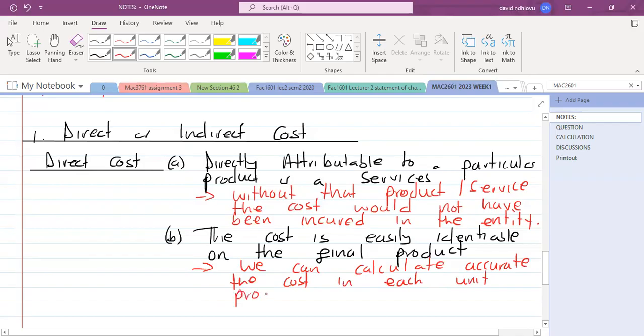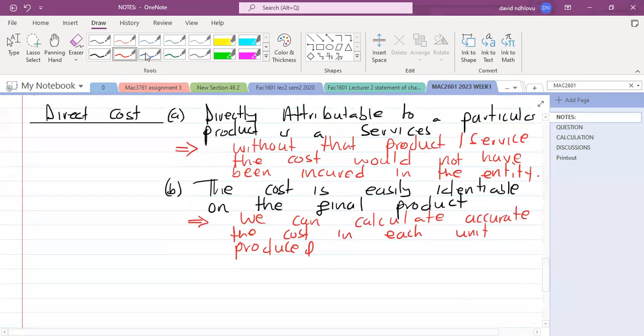When we've got a unit that has been produced, for this particular cost we can easily calculate the cost per unit in that product. If we can easily and accurately calculate the cost per unit, then it means the cost is a direct cost.